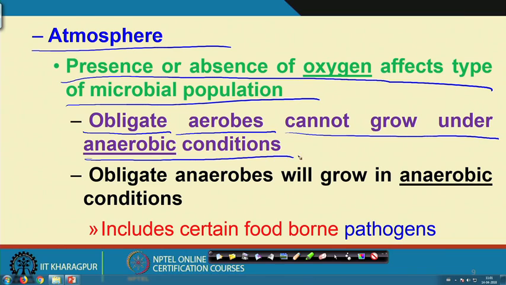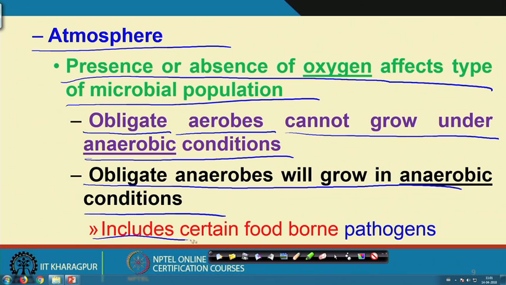So, obligate anaerobes will grow in anaerobic conditions where oxygen is not there, but carbon dioxide or nitrogen is there, that is anaerobic, right.